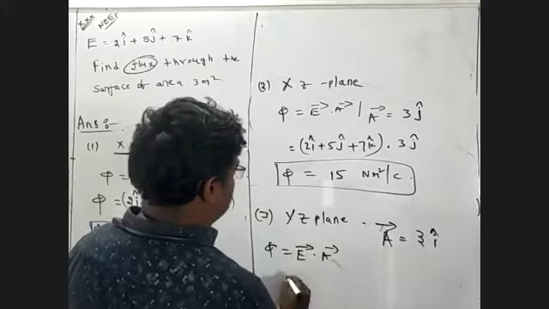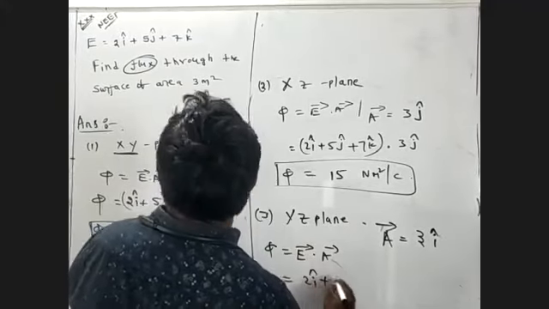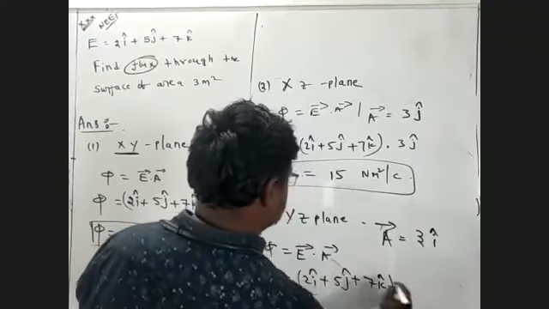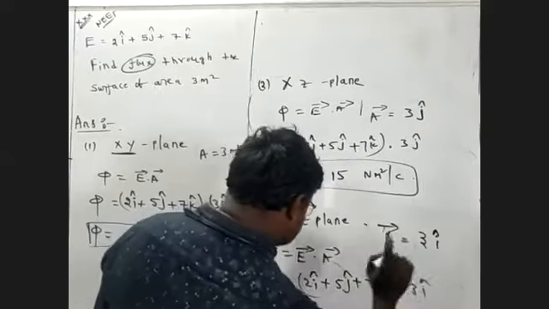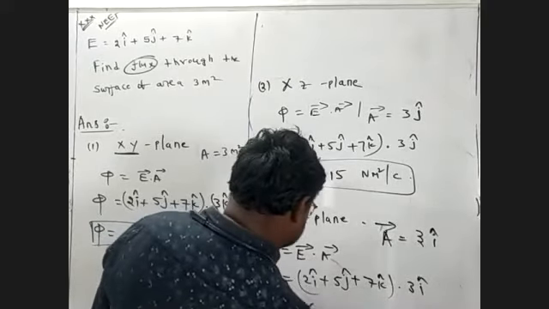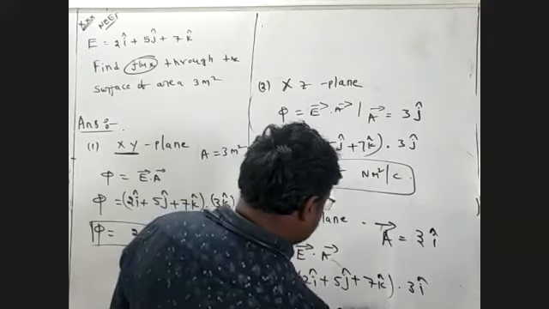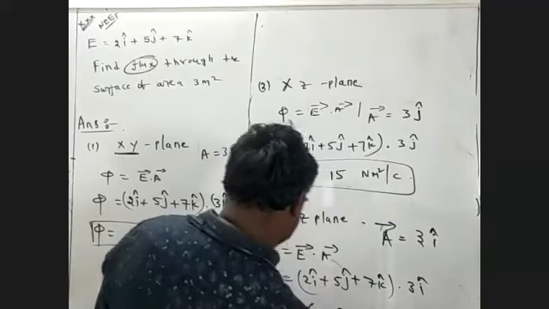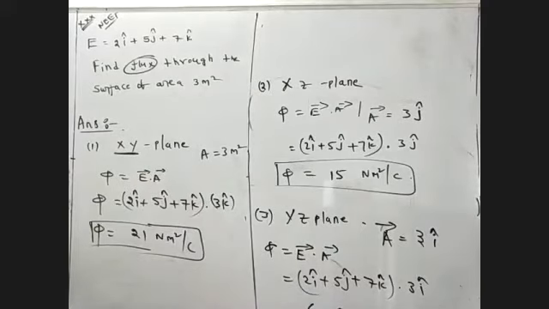E bar is 2 I cap plus 5 J cap plus 7 K cap, dot 3 I cap. I dot I is 1, and 2 times 3 is 6. J dot I is 0 and K dot I is 0. So 6 Newton meter square per coulomb is your answer.